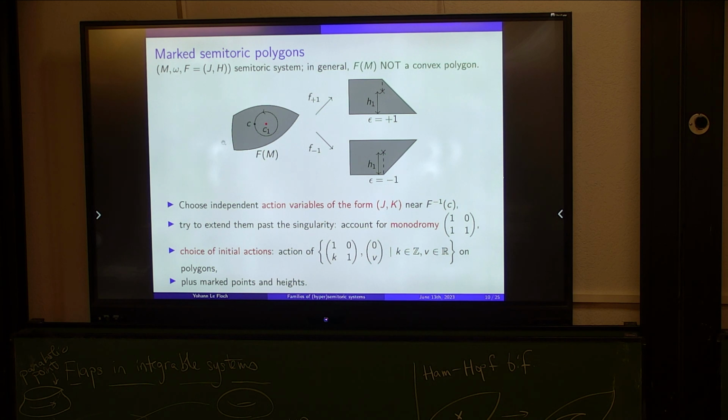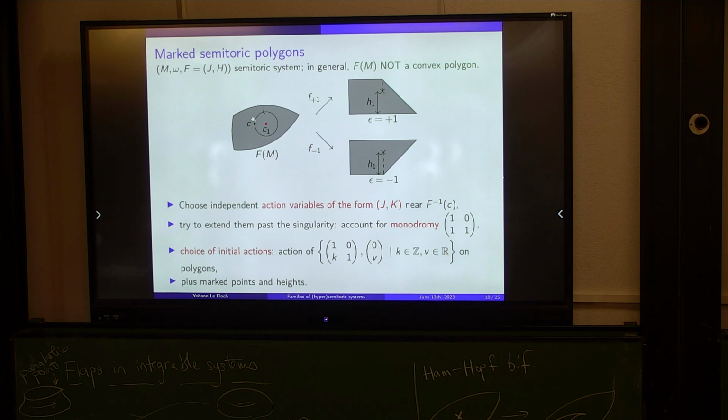If you try to extend to the elliptic singularities using the local normal forms, this is perfectly doable. You can extend all the way to this part, and the image of these semi-global action variables will be a piece of a polygon. But then trouble happens when you want to extend past the singularity. If you loop around one singularity, you start with action variables (J, K), and you will end up with action variables (J, J+K). There is some non-trivial monodromy.